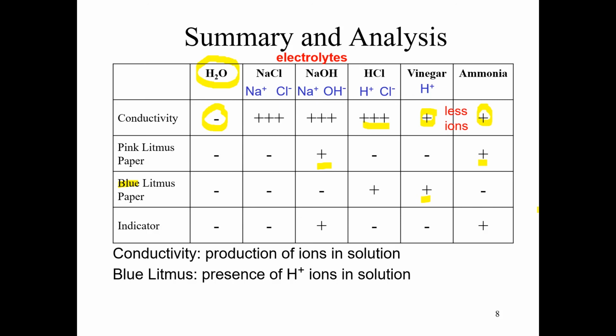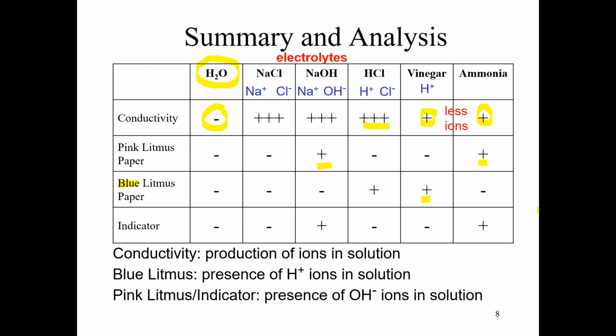So that means that what is causing this reaction must be the hydroxide ions. And so both the pink litmus paper test and the indicator are tests for the presence of hydroxide ions in solution. And since the ammonia gave us a positive result in this case, it must mean that, again, at this point, whether you remember what ammonia is or not chemically, we know that in that solution there must be hydroxide ions.